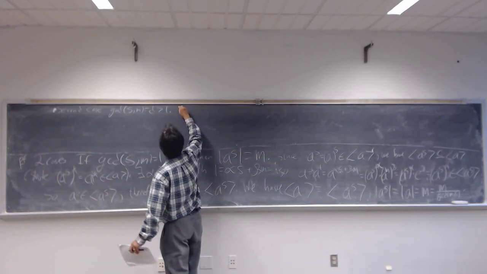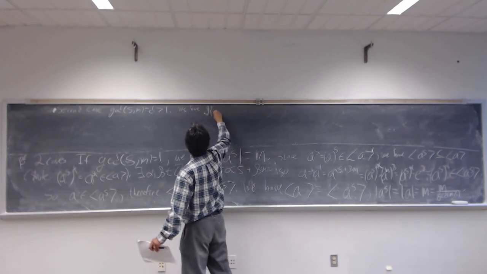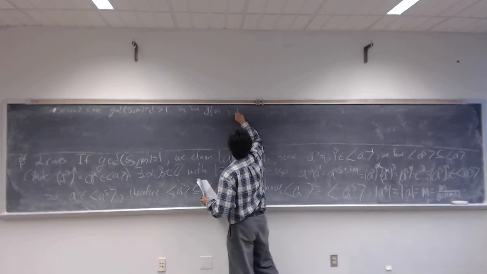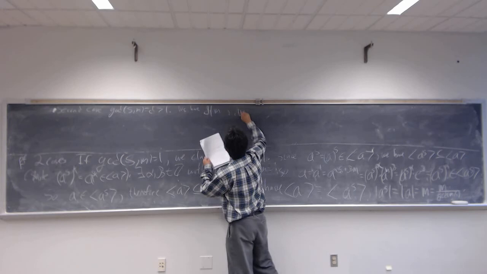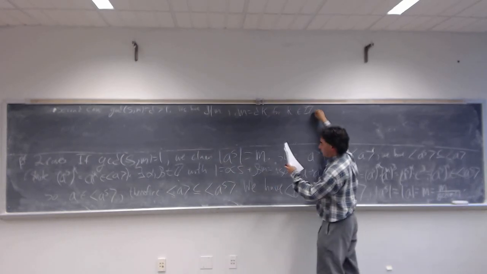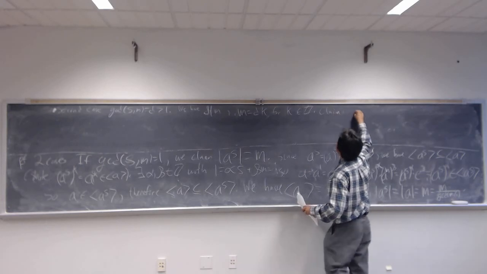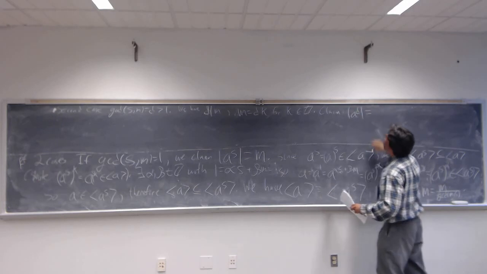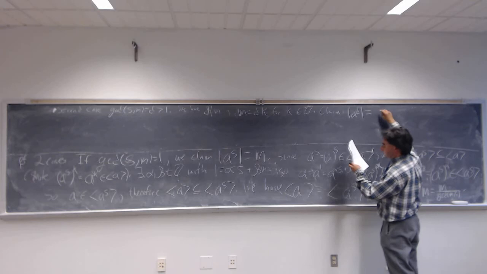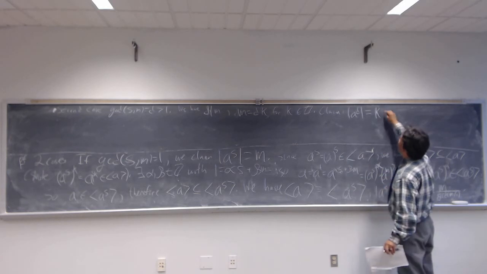But by Lagrange we have, well, not even by Lagrange, just by the definition of the greatest common divisor, we have D divides M. So M equals DK for some integer K in Z. And so what I claim is that the order of A to the D is equal to K. Why am I doing that?